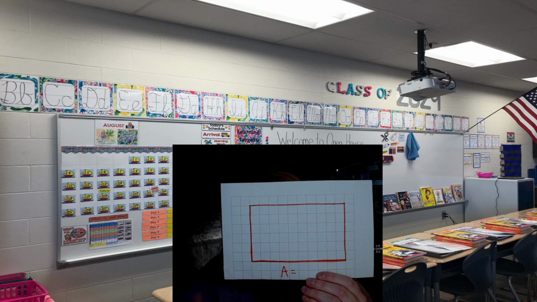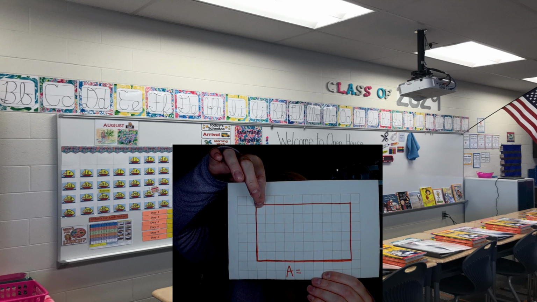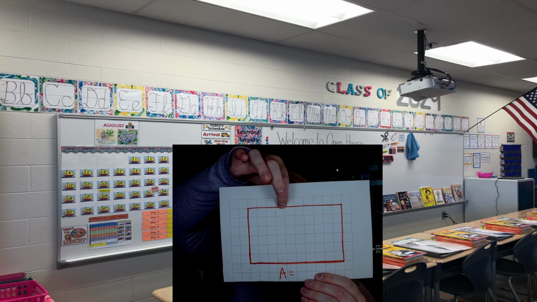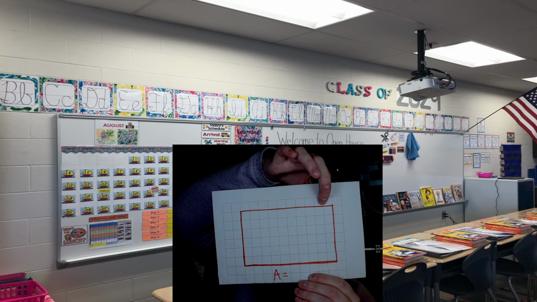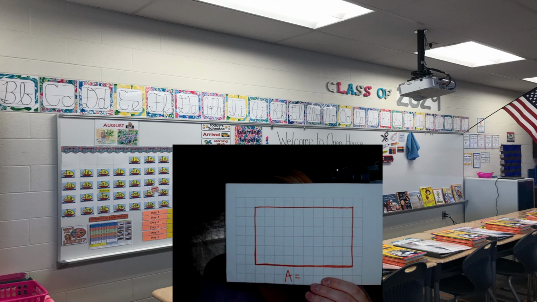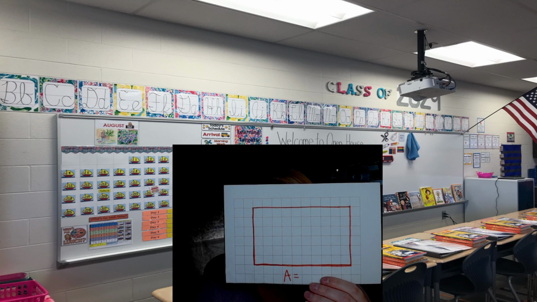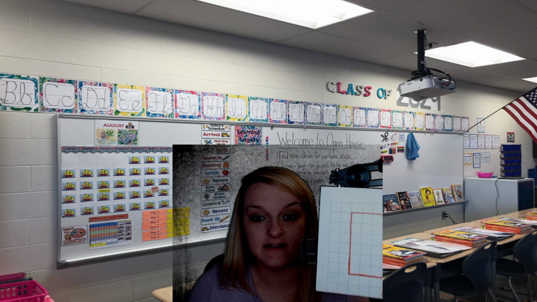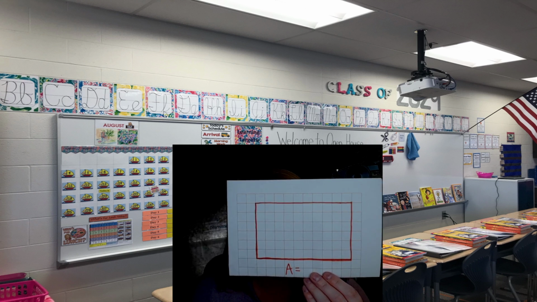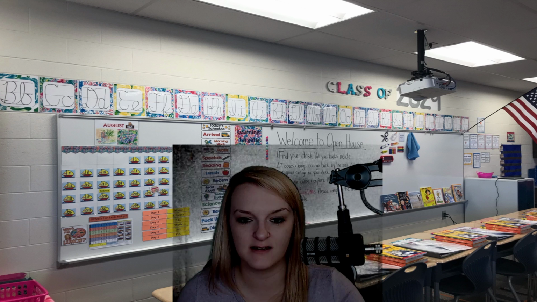I'm going to multiply 6 by 1, 2, 3, 4, 5, 6, 7, 8, 9, 10. 6 times 10. Remember to count by tens 6 times. What would 6 times 10 be? 60. The area of this rectangle would be 60 square units.